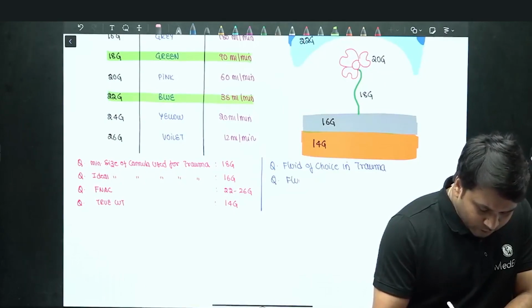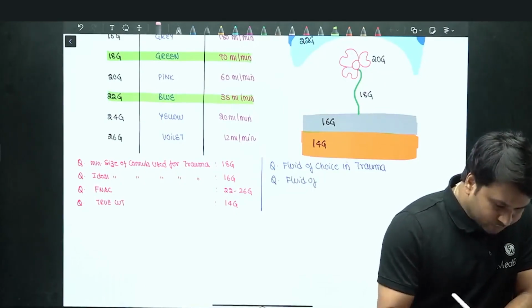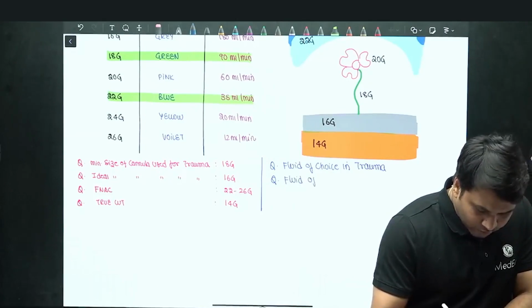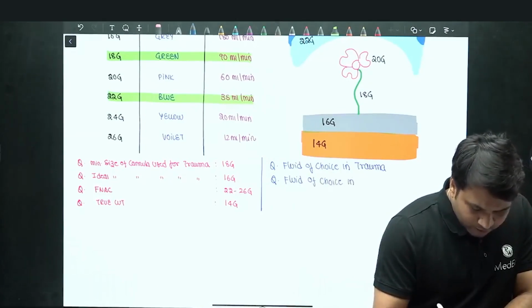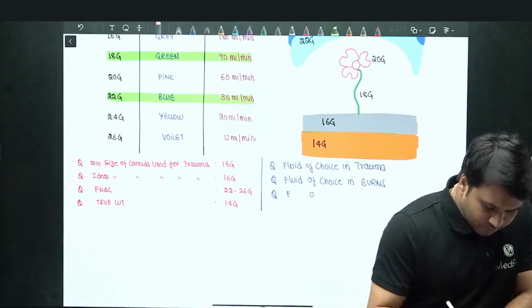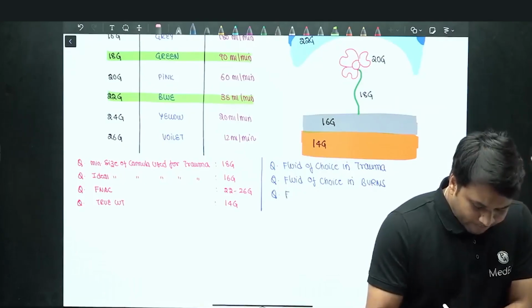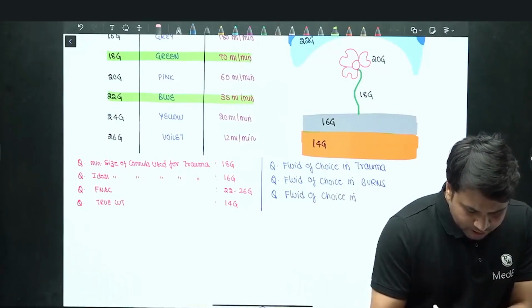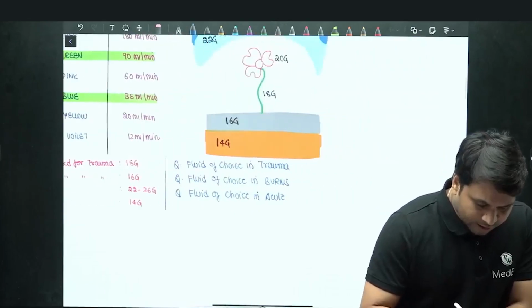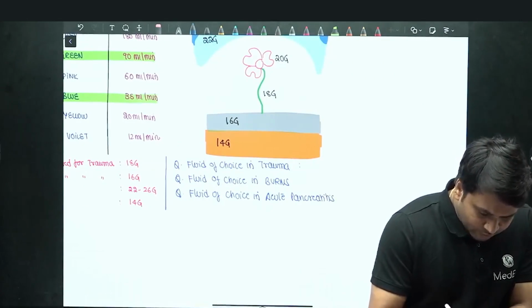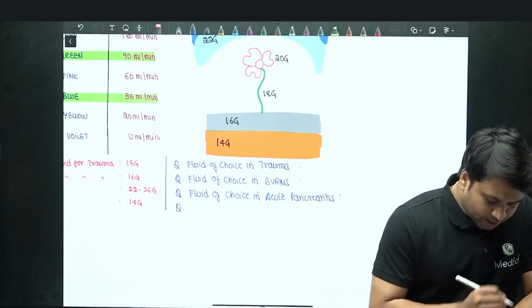Then you have fluid of choice in burns. फिर पूछ लेंगे fluid of choice in acute pancreatitis.